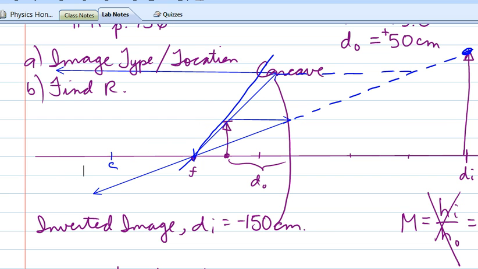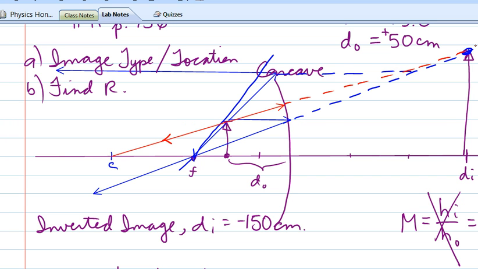I'll start at the center. Okay, and goes kind of like that. And then this ray reflects back, so it goes back through the center, but I can also extend the reflected ray back, and you can see that that one's a little bit better.